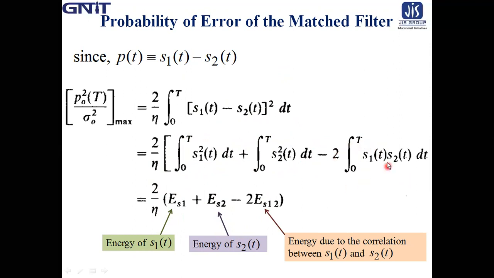And the third term is the energy due to the correlation between s1(t) and s2(t), and this is represented as E_S12. So ultimately we get 2 by eta, E_S1 plus E_S2 minus 2 E_S12.